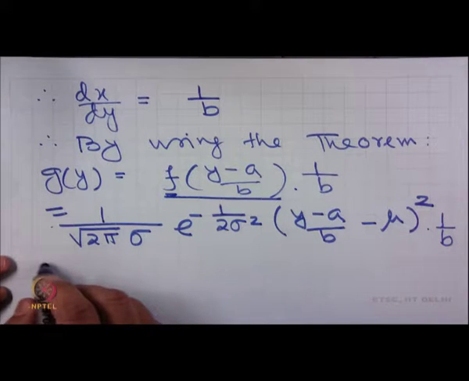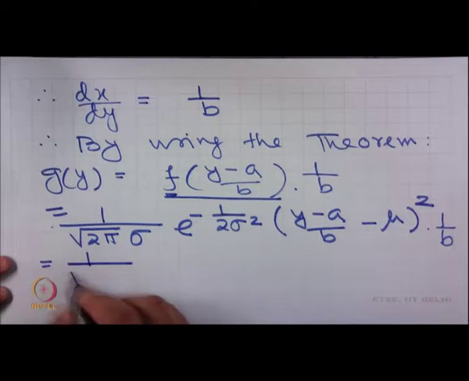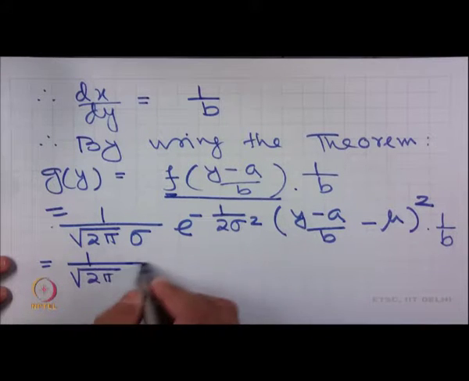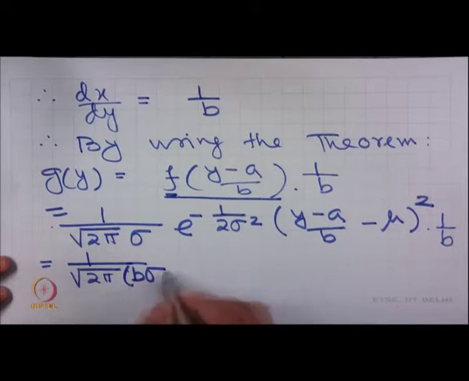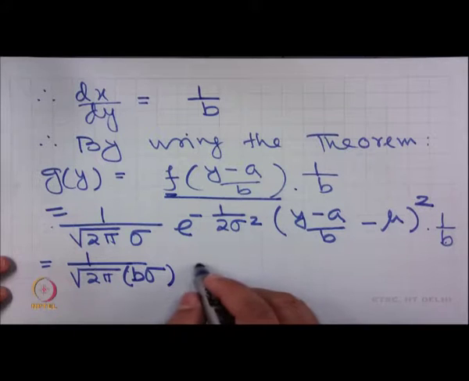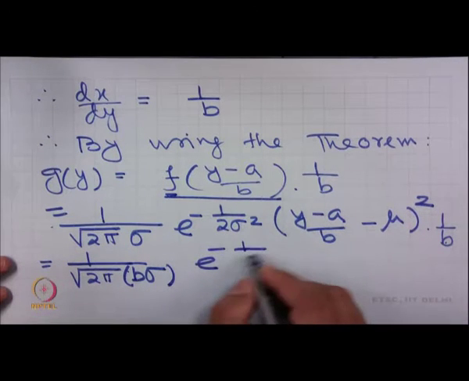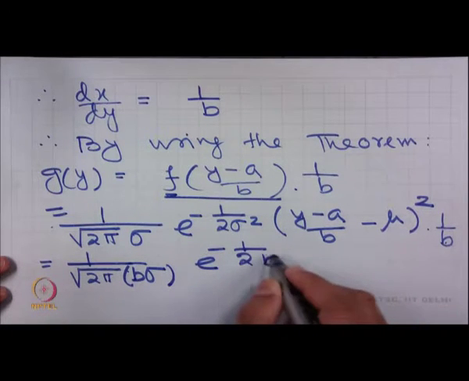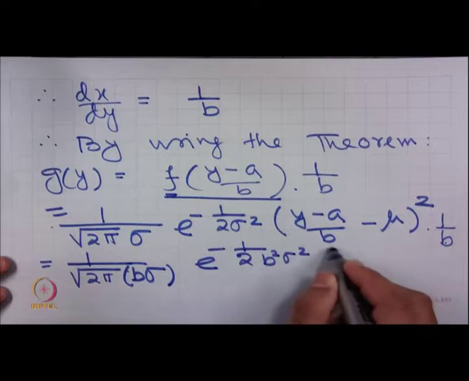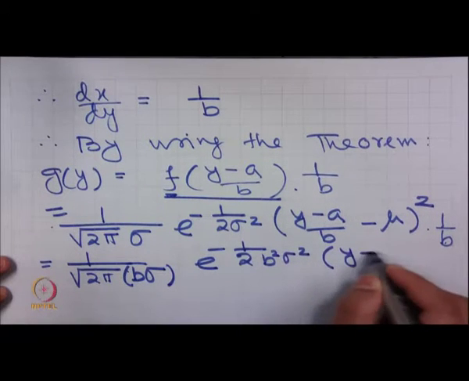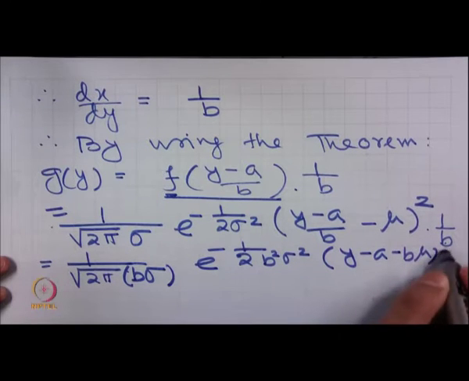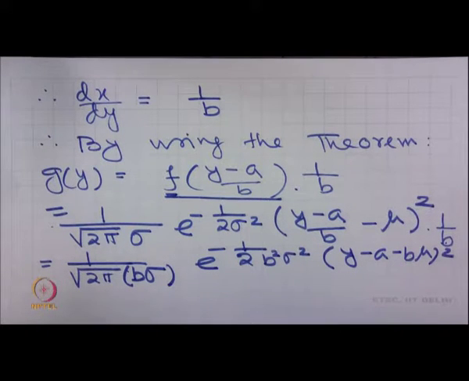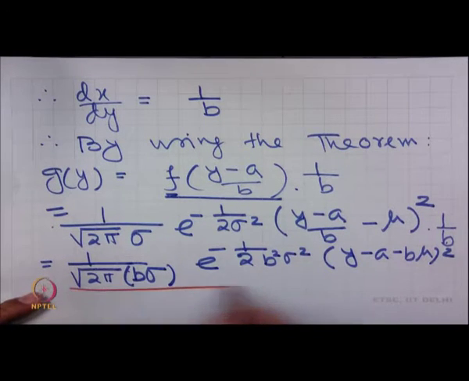This is equal to 1 over root 2 pi into b sigma, this b comes here, e to the power minus 1 upon 2 b square sigma square into y minus a minus b mu whole square. So, we obtain the PDF of y is this.